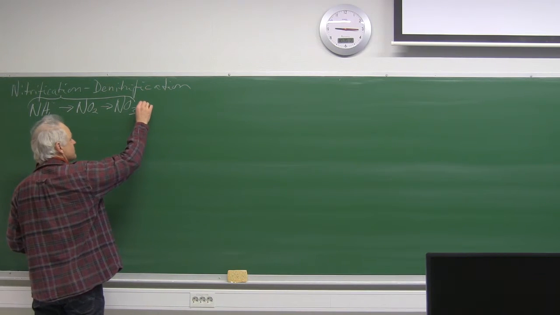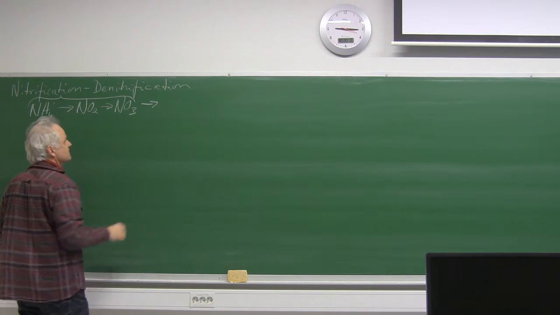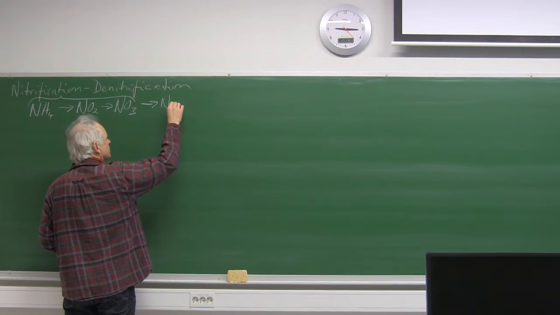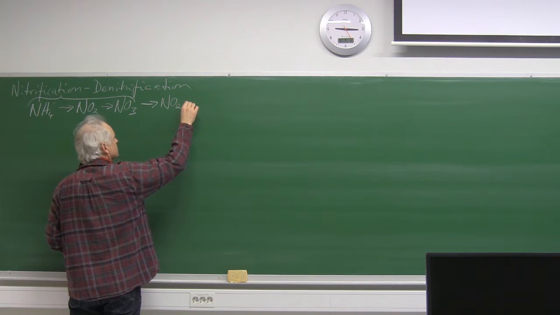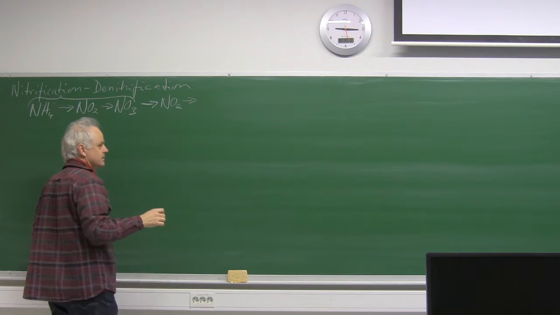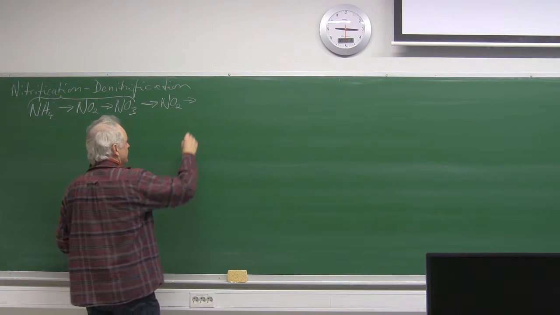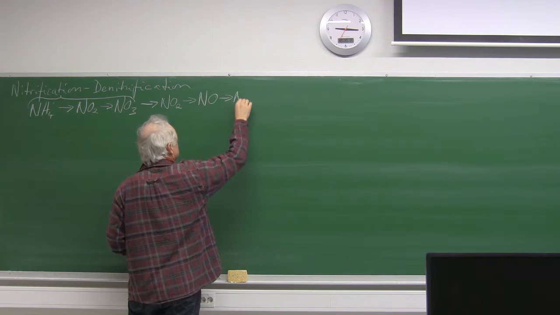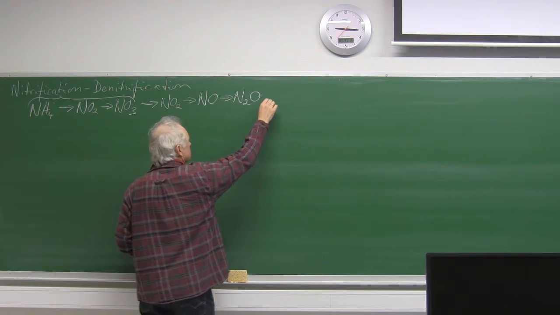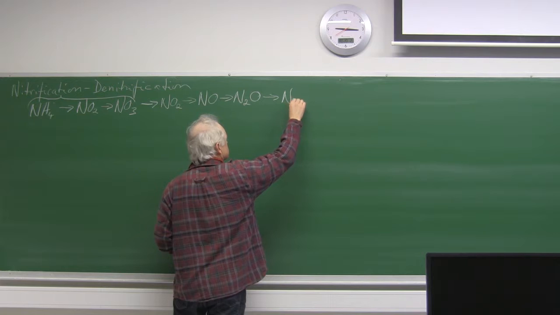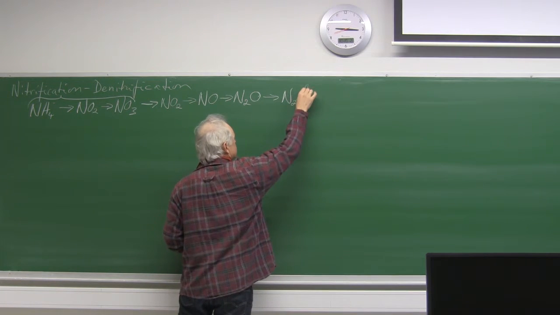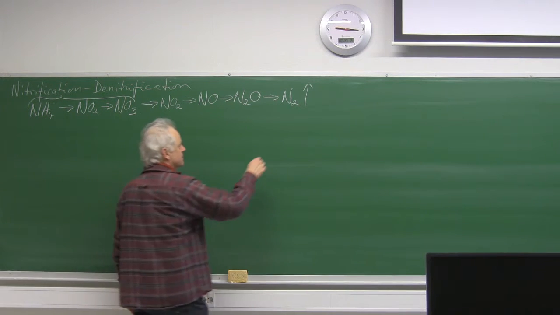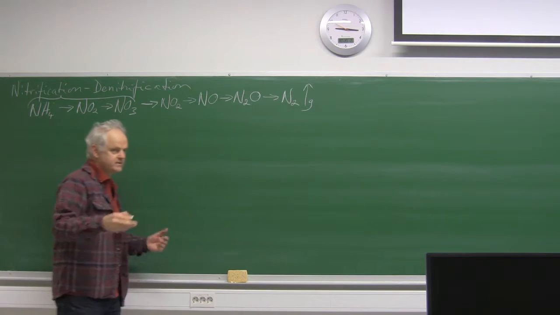So then the next step is another set of biological reactions going to NO2, going to NO, going to N2O, and then finally N2, which is the most common gas in the atmosphere, so then it's released to the atmosphere, where the nitrogen originally came from.